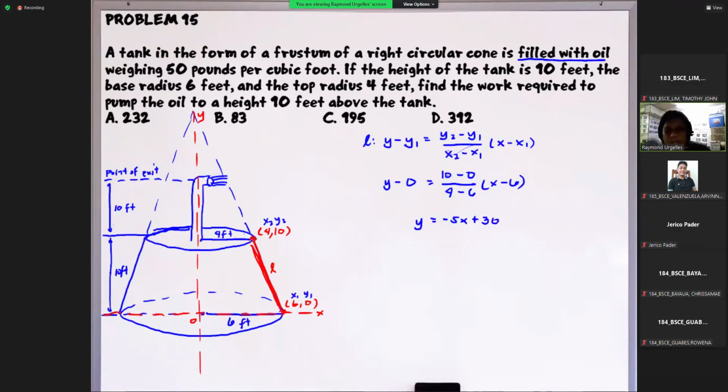And remember, our y is the distance from the x-axis to a point on the line.